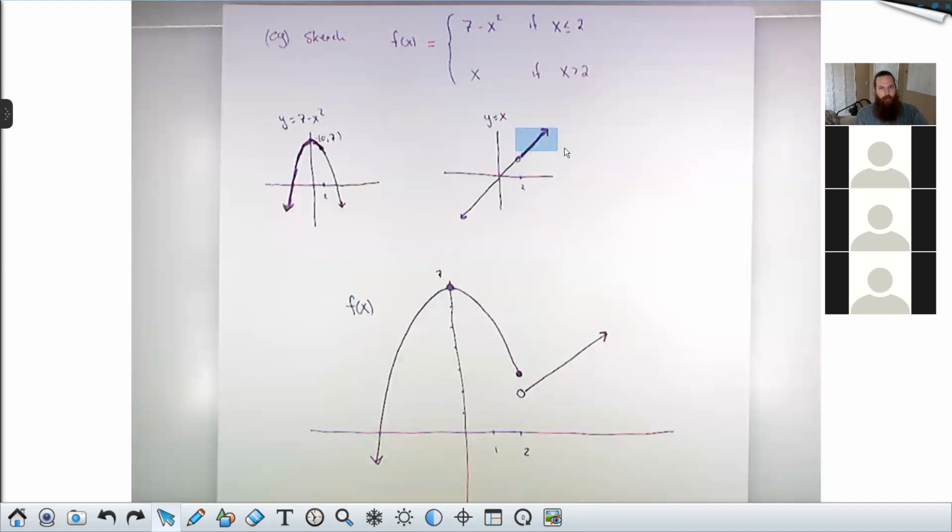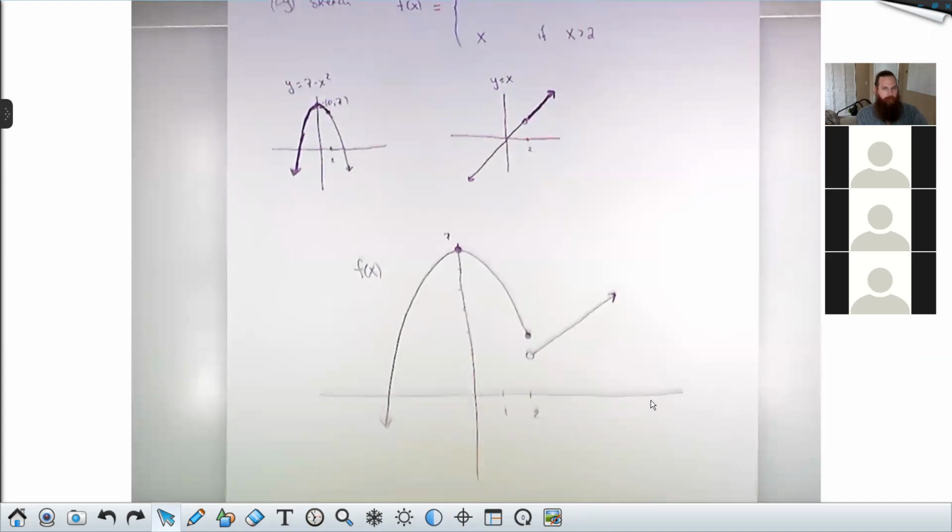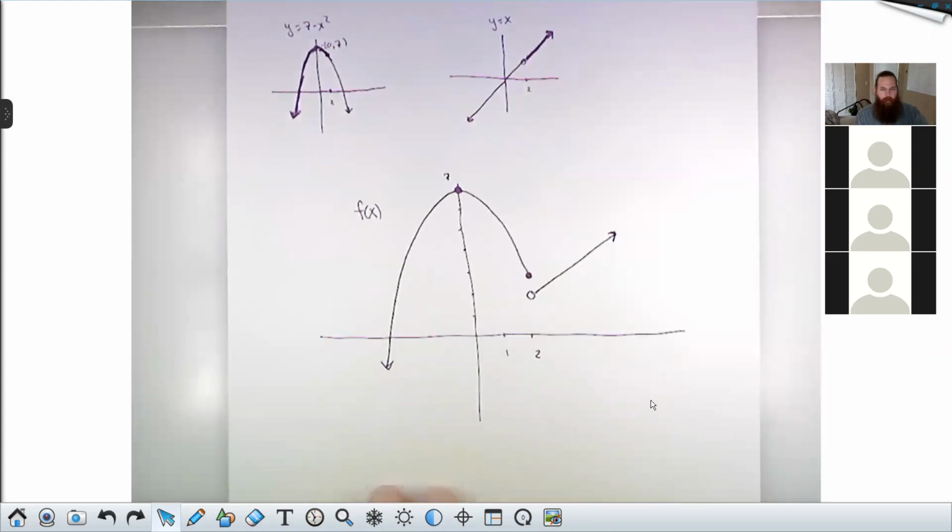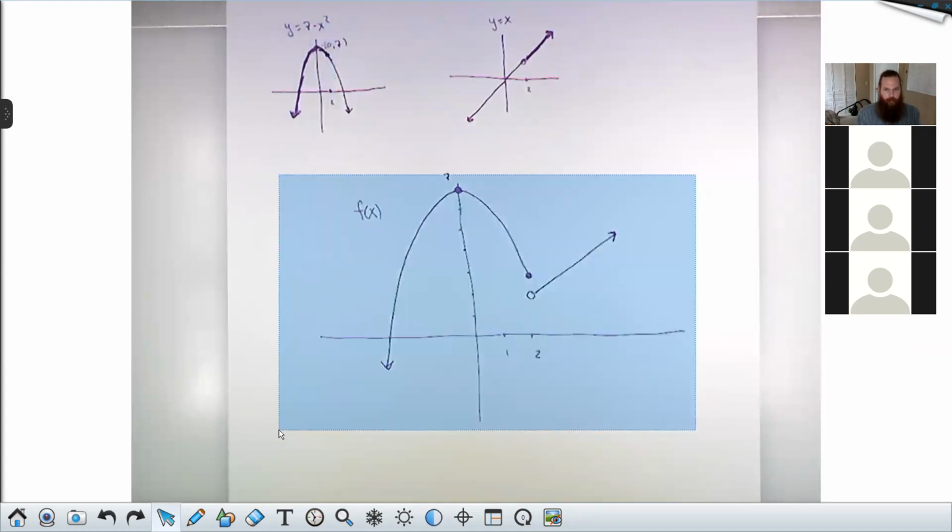So this is the part of this line that gets carried over to our graph. So it's a cut and paste thing. You cut and paste, or copy and paste, parts of each of the graphs onto the final graph.